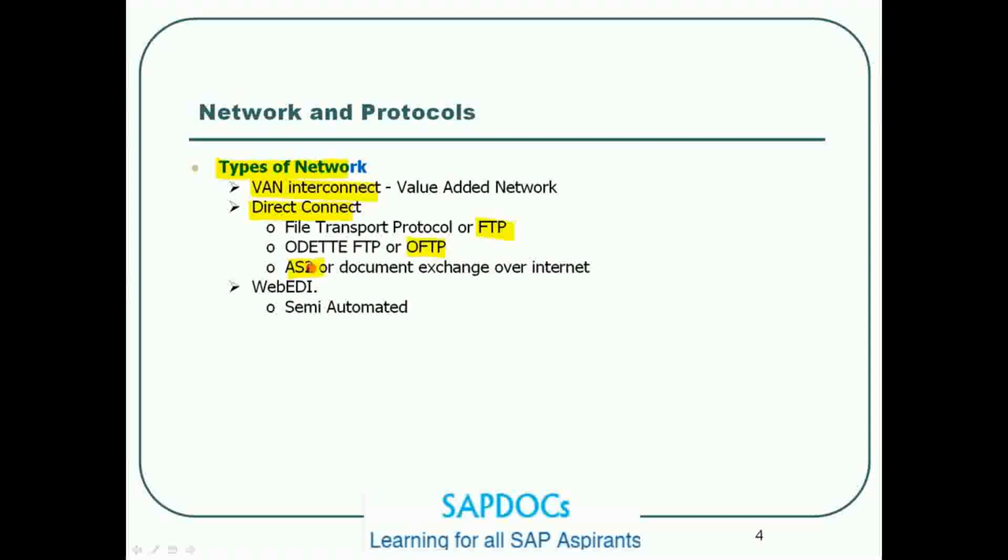These are not the only three protocols you will come across. You will see that other protocols are used in conjunction with these three. The third kind of network is web EDI, where the data is sent through a portal. As you saw in the previous slide, EDI is an automated tool, but web EDI is semi-automated.